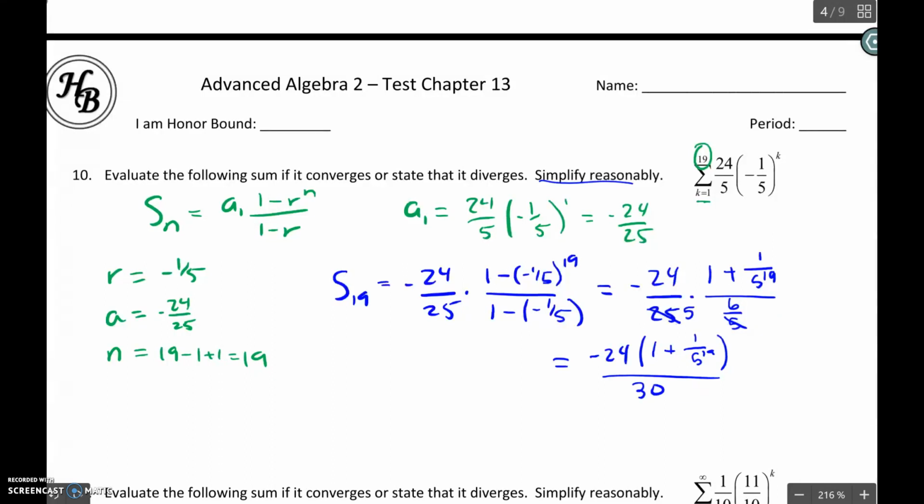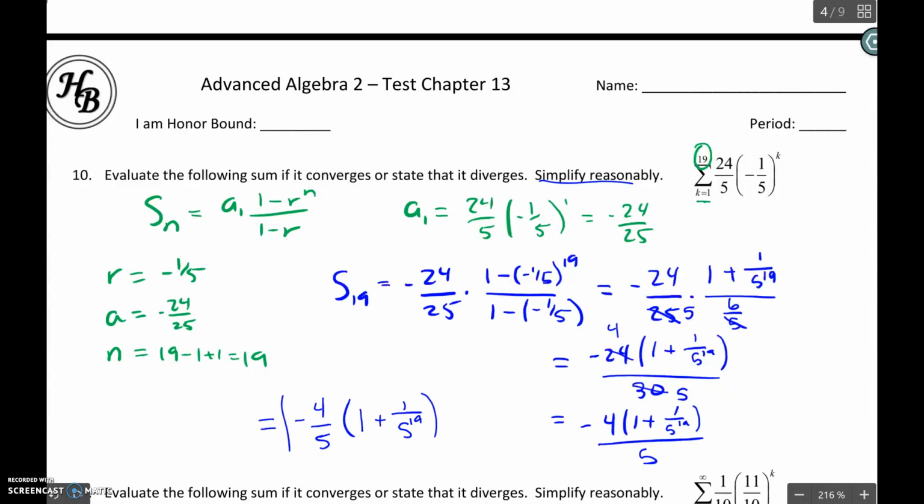We can take out a 6, so that's 5 and 4. So we have -4 times 1 plus 1 over 5 to the 19 over 5, or you could take out that 4 fifths. So you get -4 fifths times 1 plus 1 over 5 to the 19th. And that's good. That is reasonably simplified.